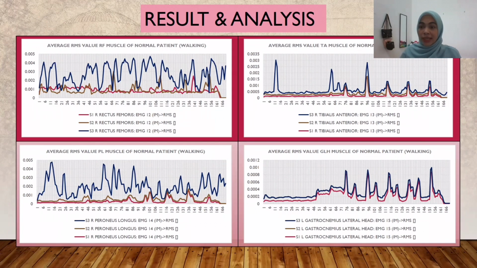But before I forget, let me tell you how EMG works. Basically EMG is a tool. EMG is electromyography. It measures muscle response or electrical activity in response to a nerve stimulation of the muscles.